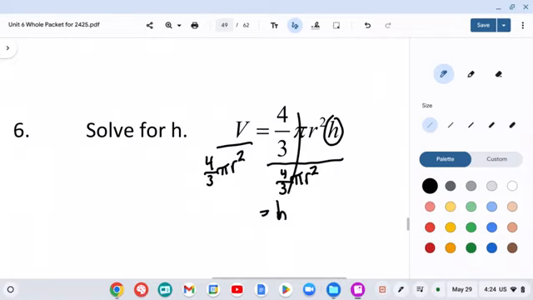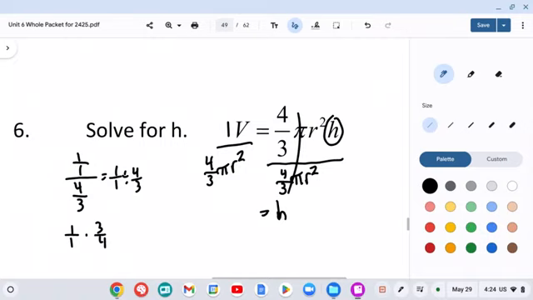On the left side, I have a 1 that's in front of the v. So that's 1/1. And if you take a fraction divided by a fraction, that means the same thing as a fraction multiplied by the reciprocal. So this would be 1 divided by 1 divided by 4/3.